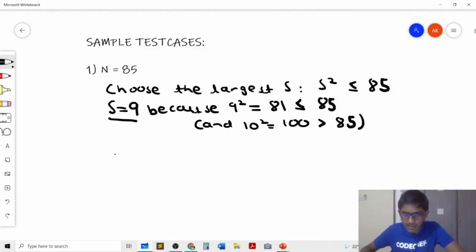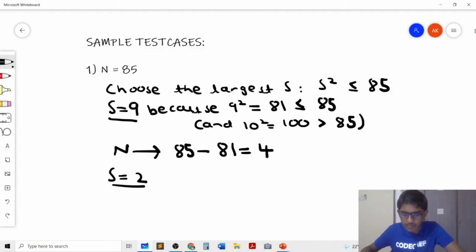Then n becomes 85 minus 81, which is 4. Then we choose s to be 2, for the same reason that 2 squared is less than or equal to 4 and 3 squared, which is 9, is greater than 4.